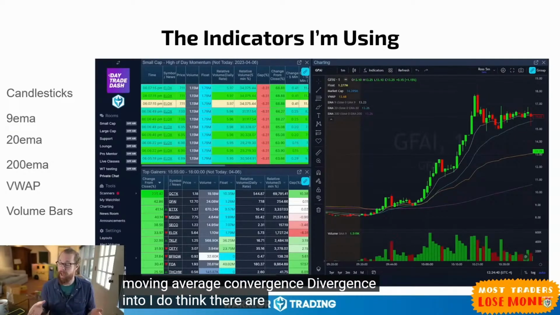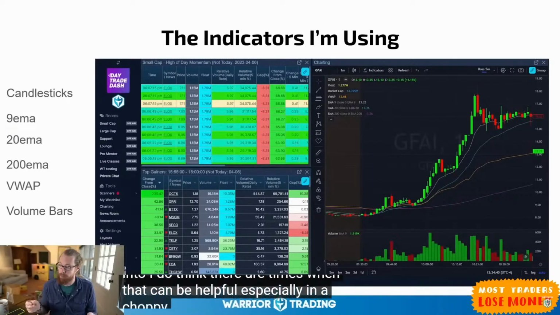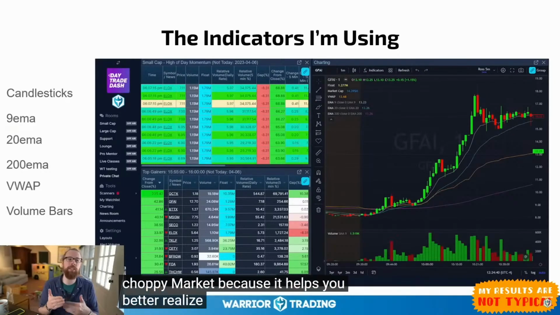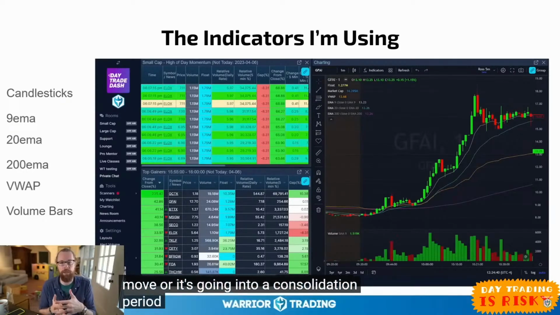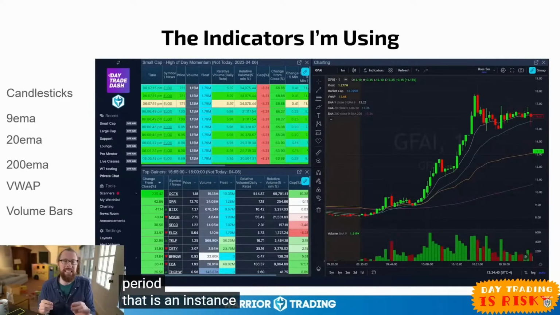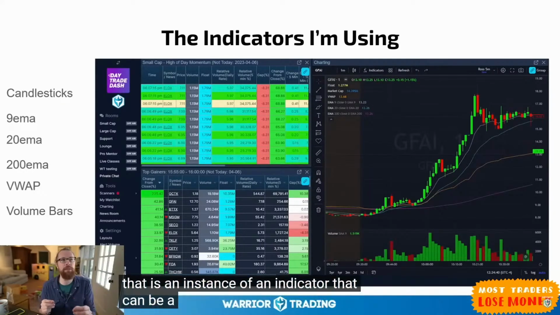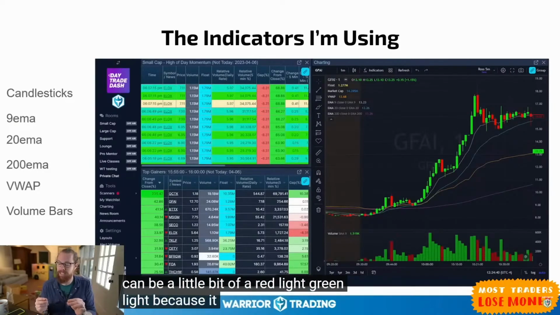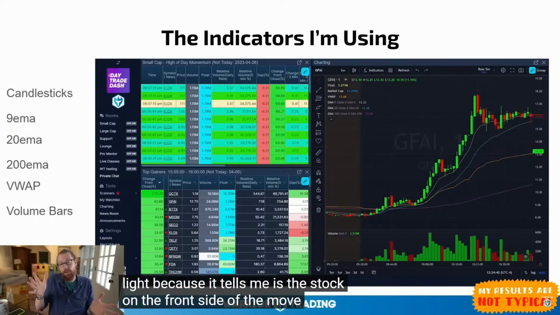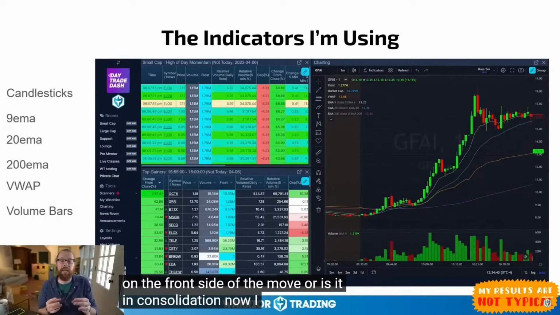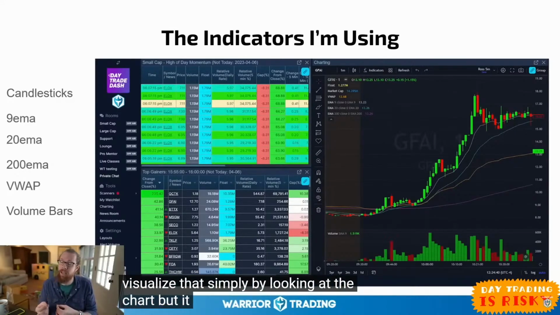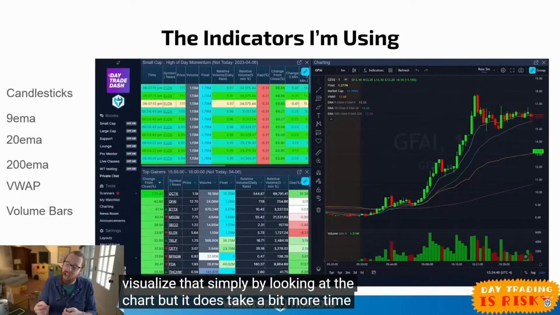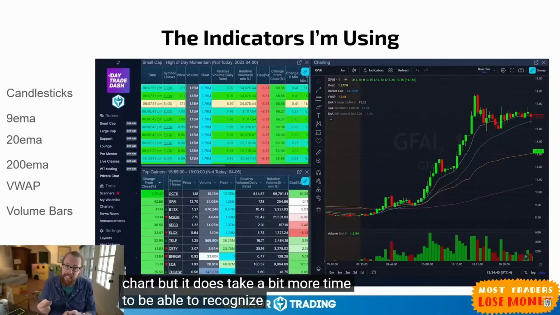I do think there are times when that can be helpful, especially in a choppy market, because it helps you better realize and visualize whether or not a stock is on the front side of the move or it's going into a consolidation period. That is an instance of an indicator that can be a little bit of a red light, green light. Now, I can also visualize that simply by looking at the chart, but it does take a bit more time to be able to recognize that.